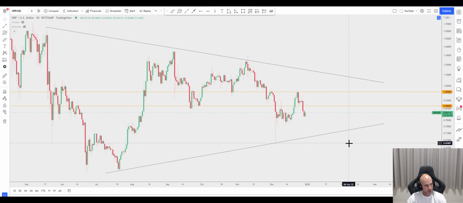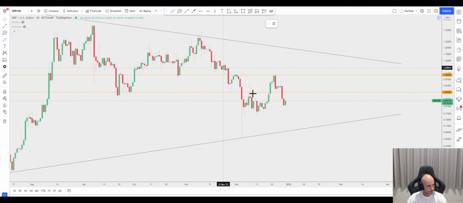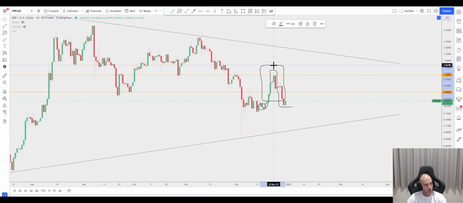If we take a closer look here, XRP went up and then went down. If we remove this guy from the equation, what changed? Absolutely nothing. Still trading inside.